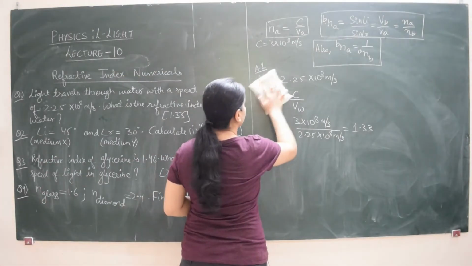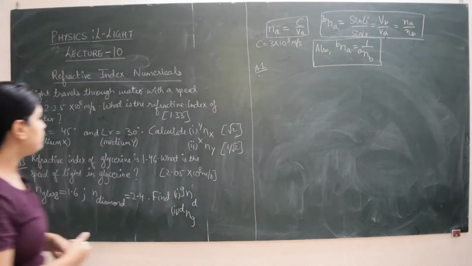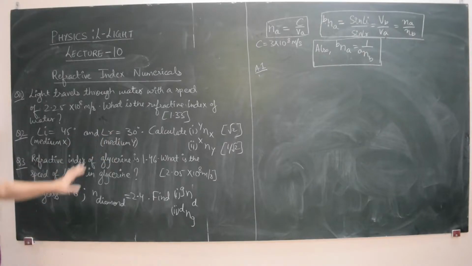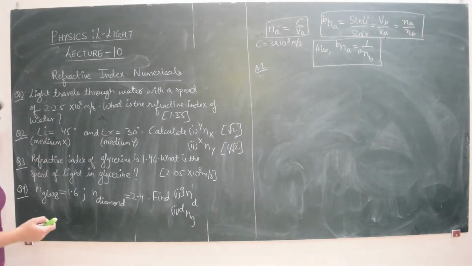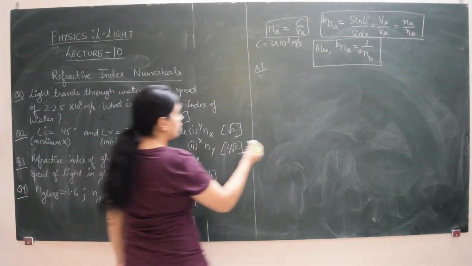So first thing first, the angle of incidence is 45 and the angle of refraction is 30 in medium Y. So one thing we can do is find out the refractive index of Y here.